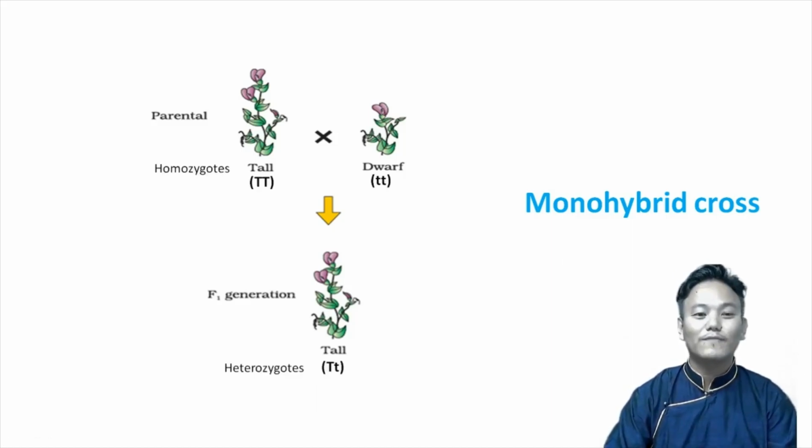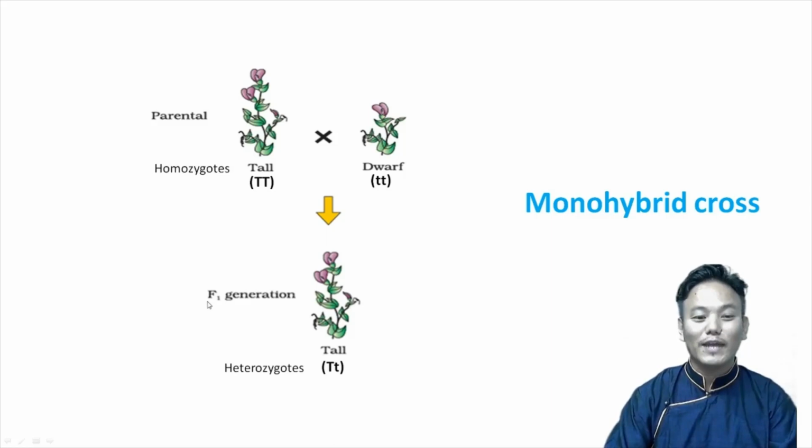Over here, I have written the letters down. The capital T is the factor which expresses itself in the form of the tall phenotype, whereas the small t is the factor which expresses itself in the form of the dwarf phenotype. If the plant has both factors as capital T, the plant will obviously be tall, and if the plant has two small t's, both factors trying to express a dwarf character, the plant will obviously be dwarf.